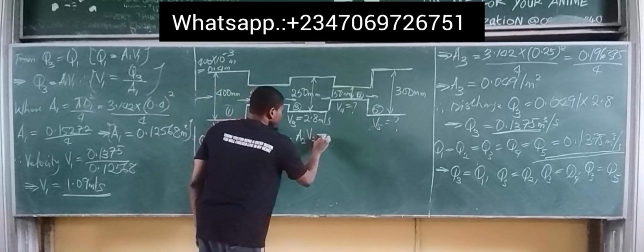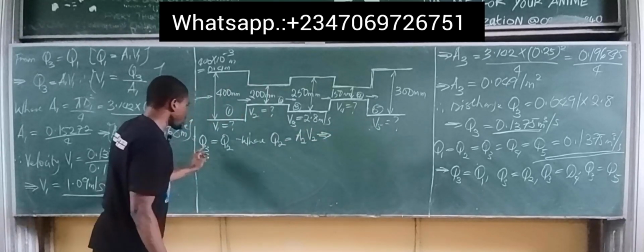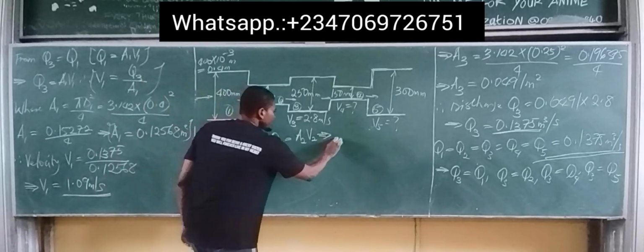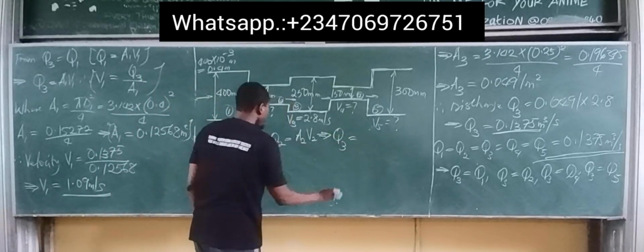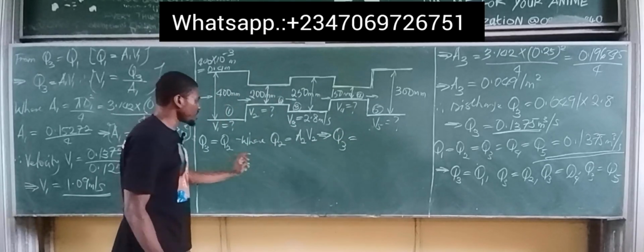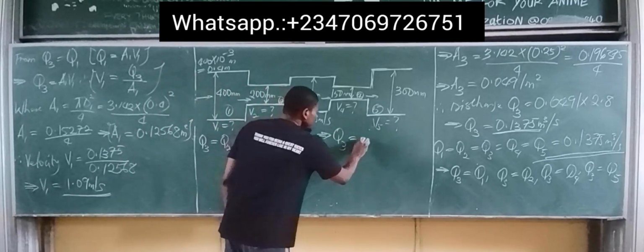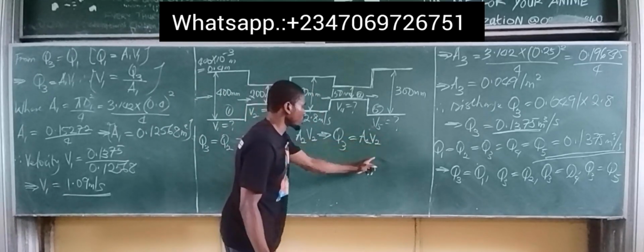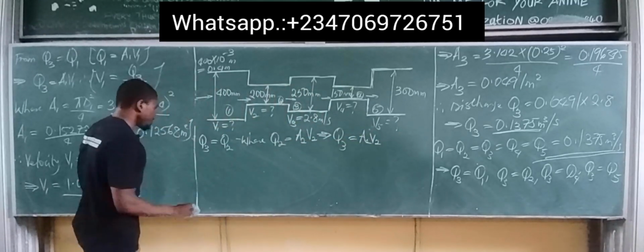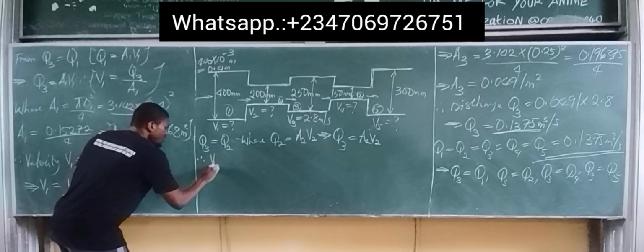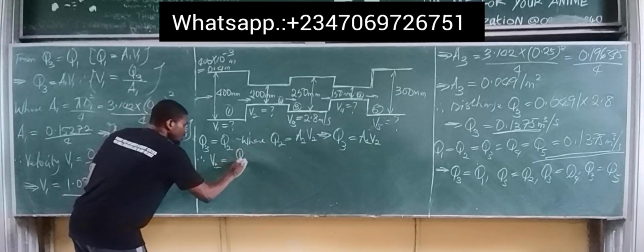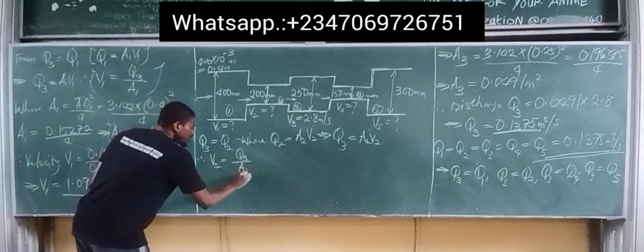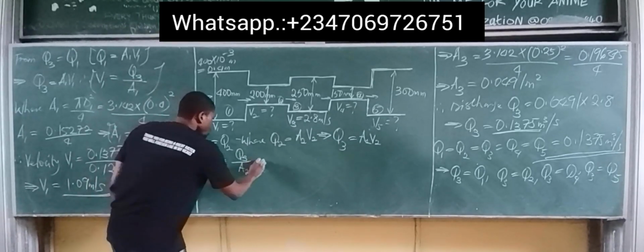So this means that Q3 is equal to, in place of Q2, A2 V2. So we'll make V2 the subject of the formula, what we're looking for. Therefore, velocity of pipe 2 is simply Q3 all over A2.